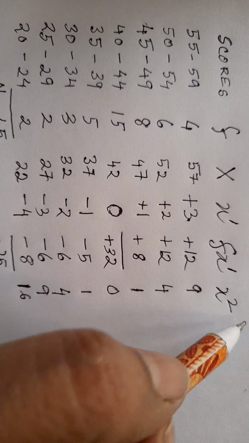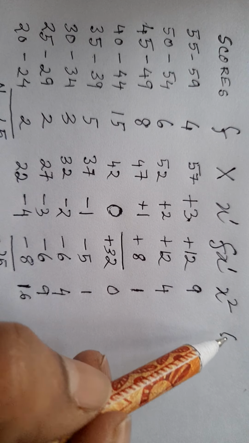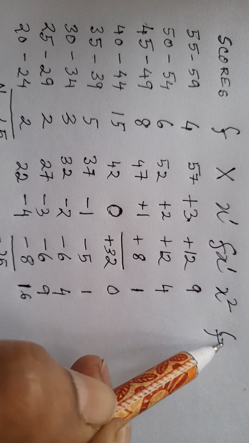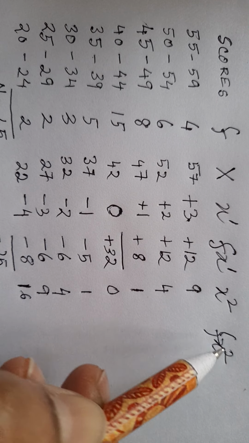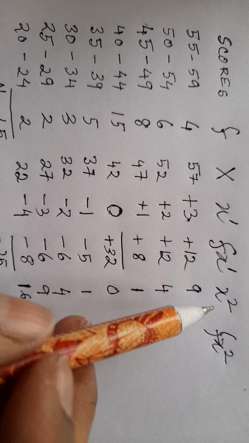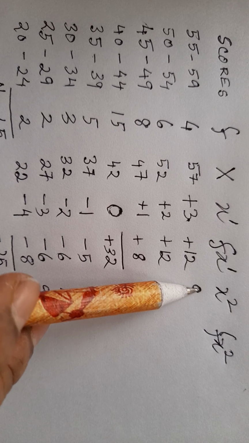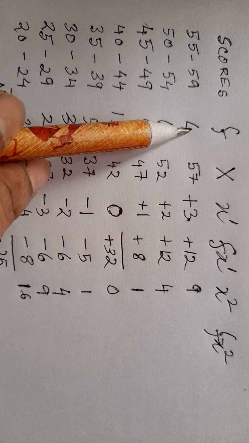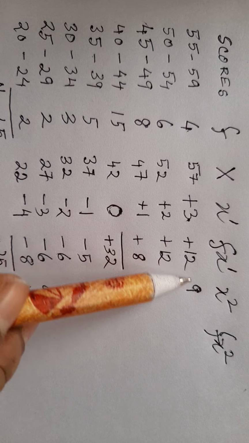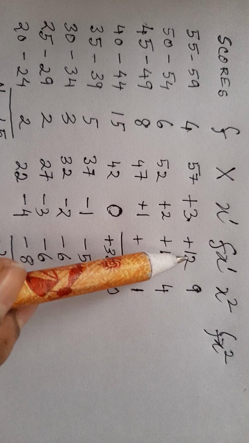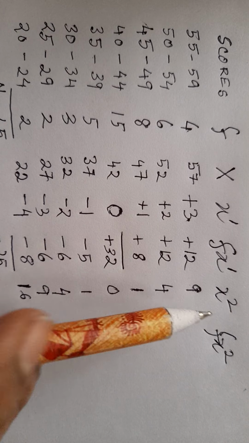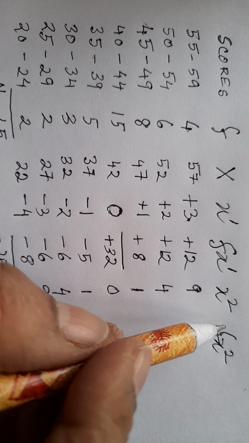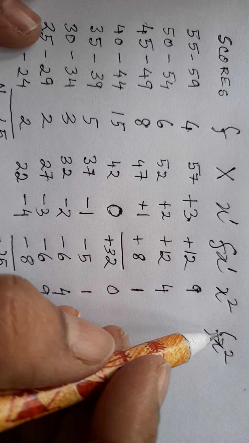Now the next column is f x square. Now you have to multiply this and this, and you verify your answer by multiplication between these two columns. It will come to the same.